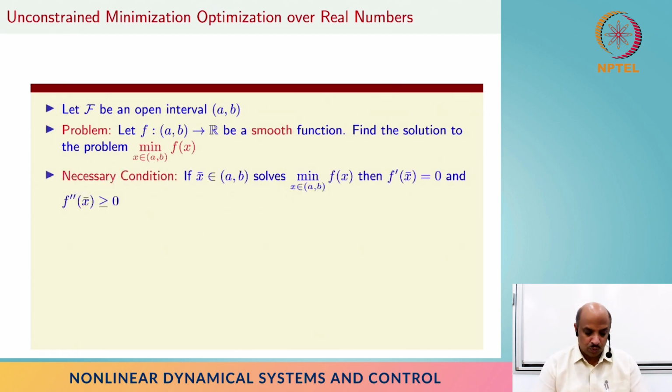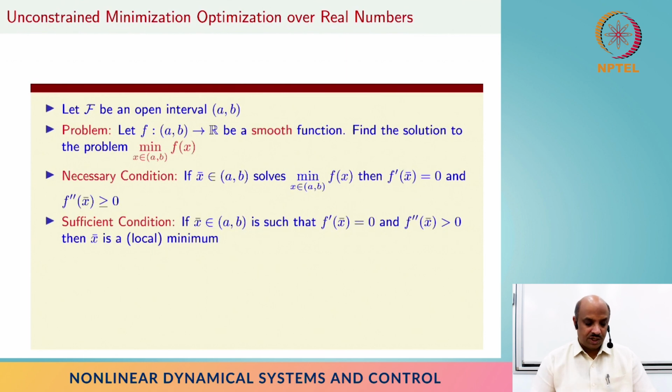So I'm going to put down necessary and sufficient conditions and then go back and discuss what we mean by that at a high level. We're not going to get into too many mathematical details because they can be quite subtle. So the statement is something like this: if x bar in this interval (a, b) solves the minimization problem, then the first derivative at x bar is 0, and the second derivative at x bar is non-negative, right?